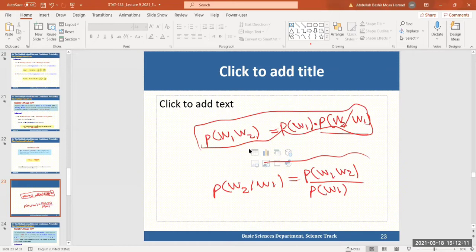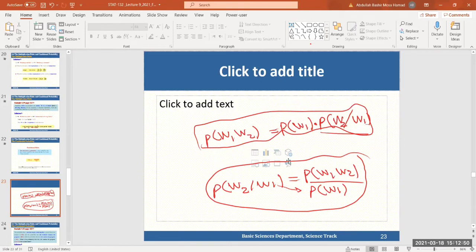We call this conditional probability. W1 is already given, so we divide by P of W1. Divide, not subtract. We call this conditional probability.